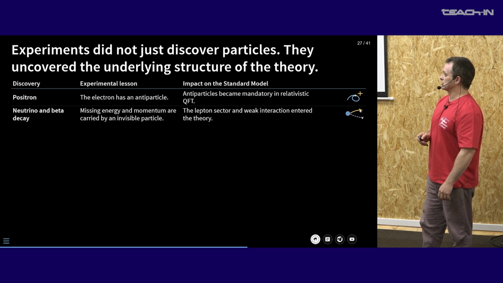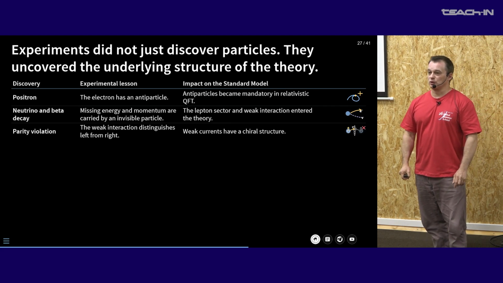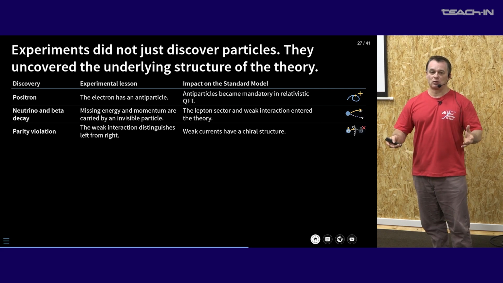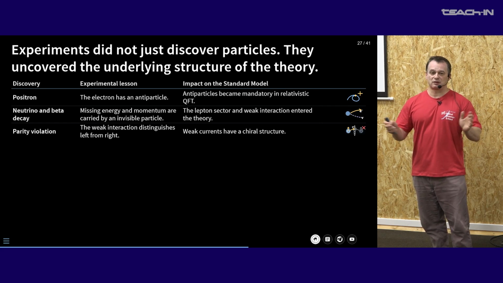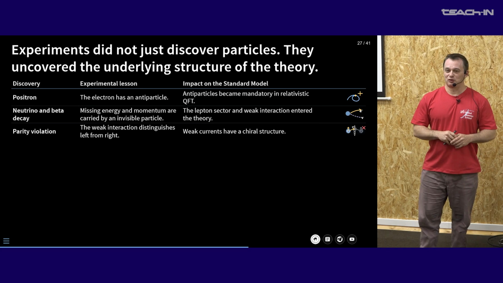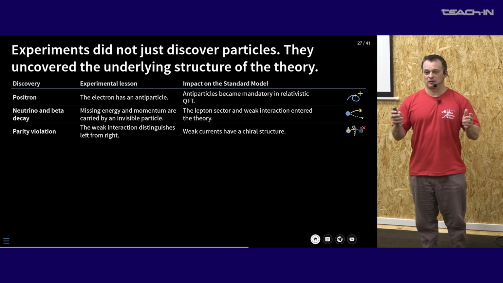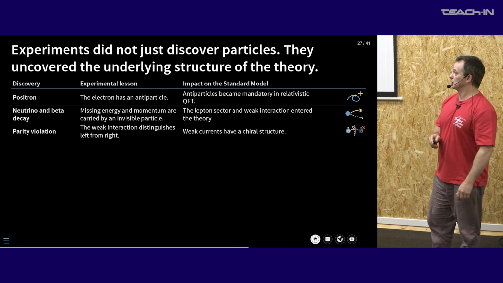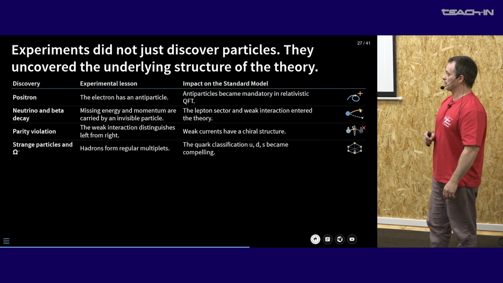Then weak interactions entered the theory. Another important step was the discovery of parity violation, that interactions in our world and in the mirrored world are different. Nowadays this is a very natural idea to everyone. For physicists at that time, it was a very shocking idea. Many very prominent physicists did not believe that this could happen, but this is actually what happens in nature.